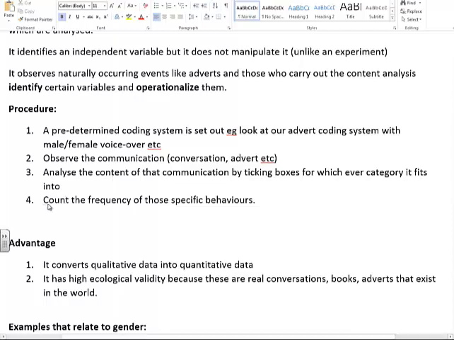And then all you do is you count the frequency, count the number of those specific behaviours, as we did in class. So if they ask you the procedure, how would we actually do a content analysis, you need to refer to these terms: predetermined coding system, you observe it, you analyse the content, and you count the frequency of specific behaviours. Okay, so 1, 2, 3, 4, those steps you need to say.